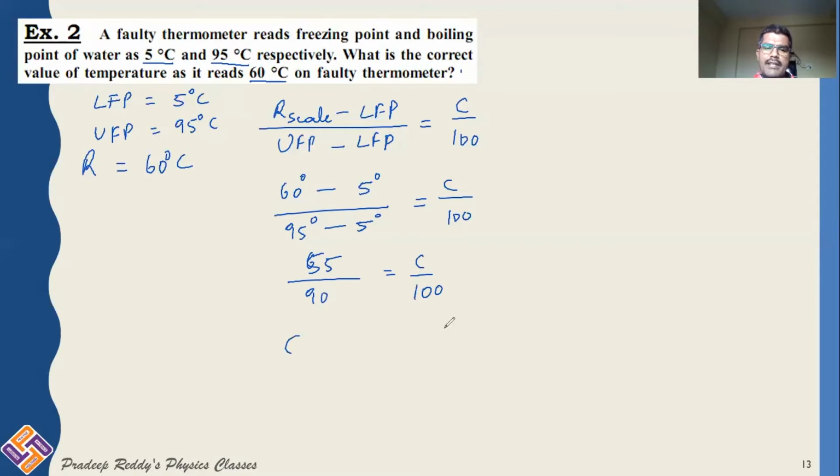Now you should calculate C, that will be the final value of temperature. If you calculate this, you will get 61.1 degrees Celsius. It means the value of 60 degrees on the faulty thermometer is equal to 61.1 degrees on the Celsius scale.